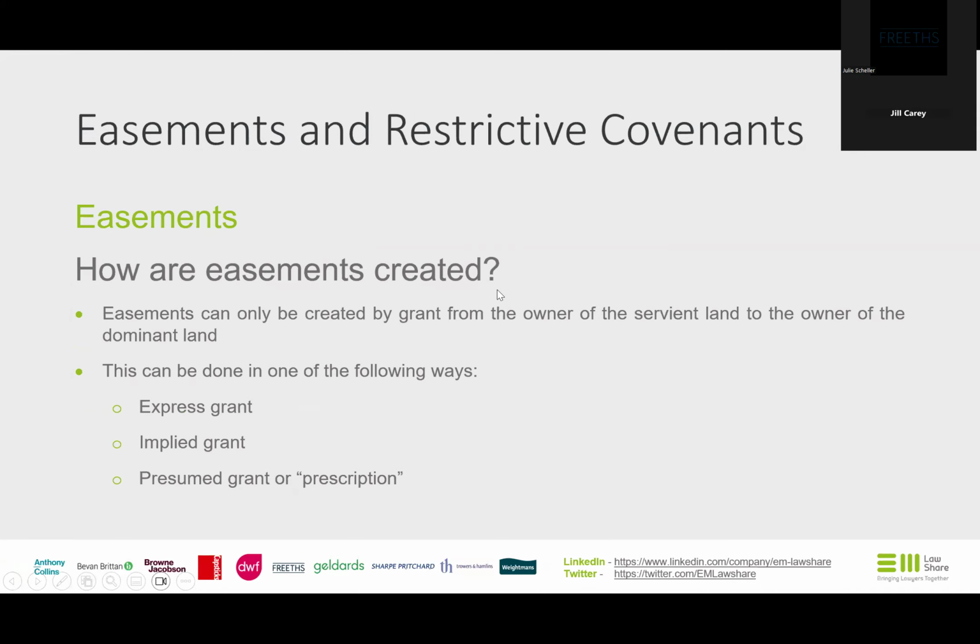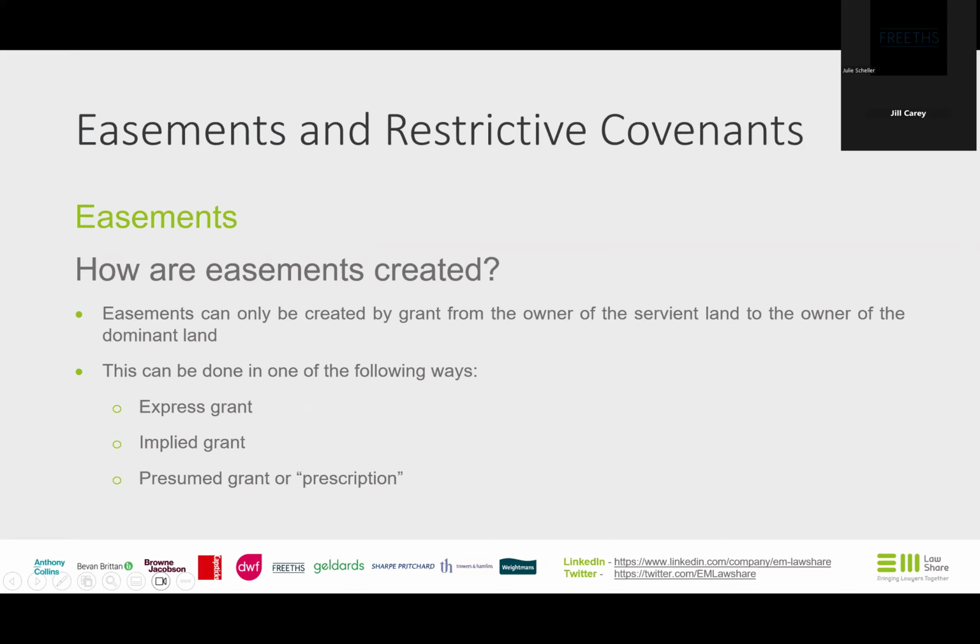Looking in more detail at how we create an easement, legally speaking, the only way to create an easement is by grant from the owner of the land where the right is being exercised to the person whose land is benefiting from it. And the three ways of doing this are express grant, implied grant, or a presumed grant.